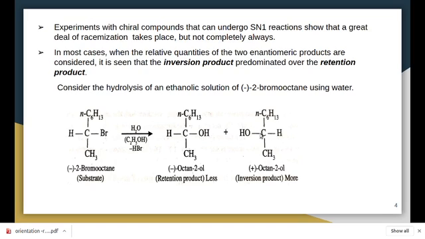Then in the inversion product, the nucleophile attacks on the back side of the leaving group. This is obtained in a large amount. So these are the two enantiomers obtained in the hydrolysis of 2-bromooctane with water. Usually we expect equal amounts of both isomers, but in this case we get a large amount of inversion product.